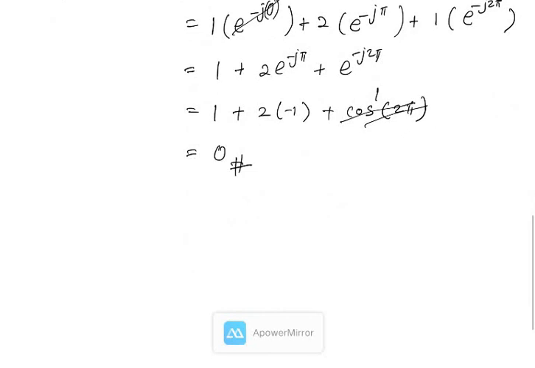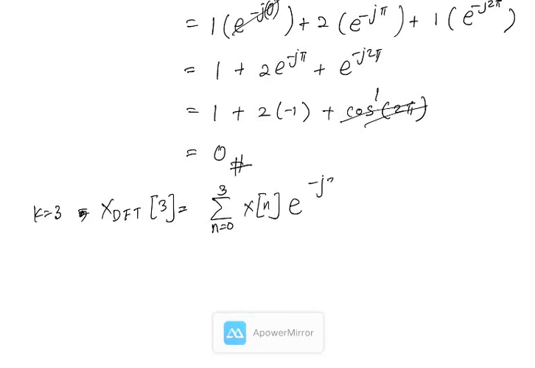Next one is when k equal to 3. So X DFT 3 equal to the summation from n equal to 0 to 3 of x[n] exponent minus j 2 pi n k, and k is 3, divided by 4.